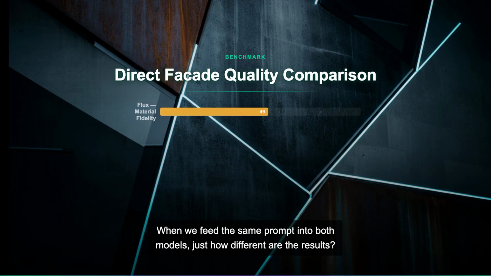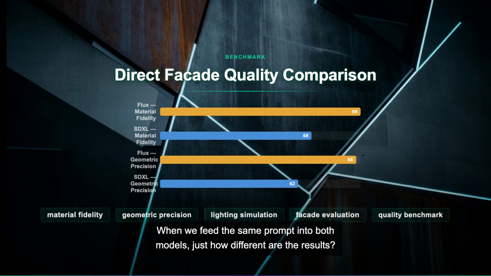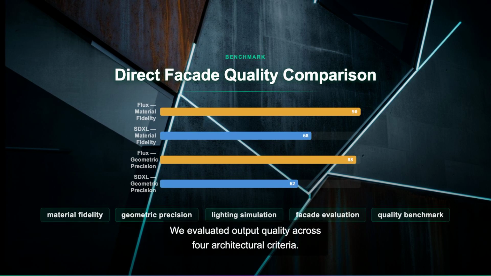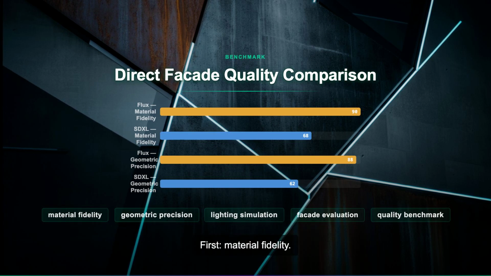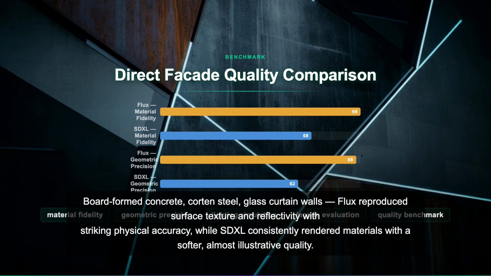When we feed the same prompt into both models, just how different are the results? We evaluated output quality across 4 architectural criteria. First, material fidelity. Board-formed concrete, corten steel, glass curtain walls.